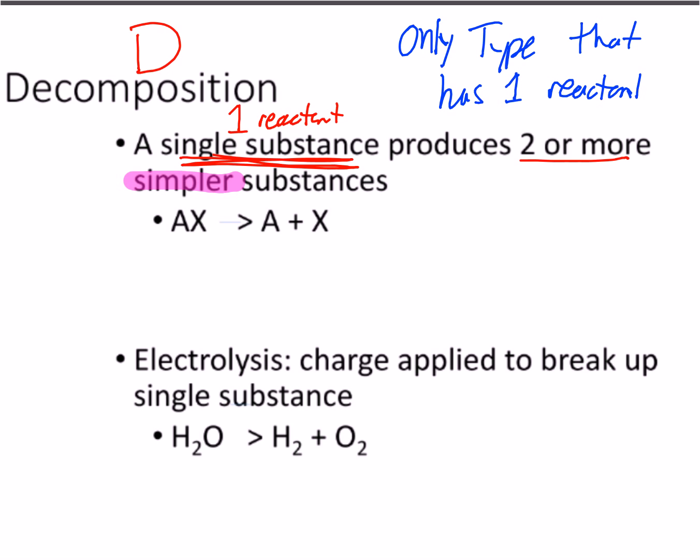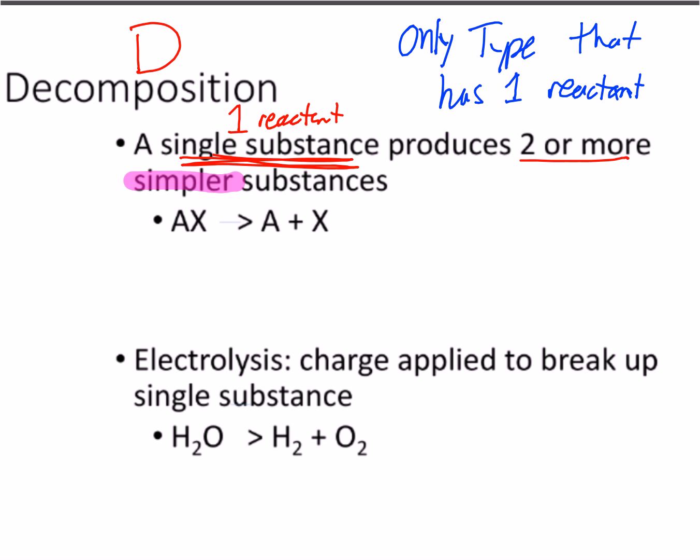Everything else will have more than one reactant. And a lot of times, where we're going within this unit, you're going to be given reactants. You have to identify the type of reaction from those reactants, predict the products, and then balance the equation. All right, that's what we're going to get to by Friday.